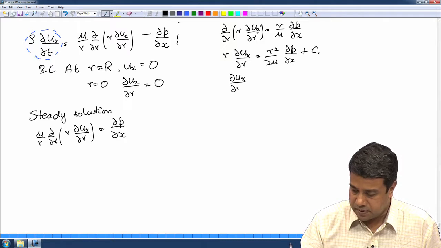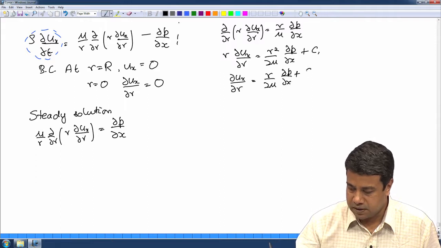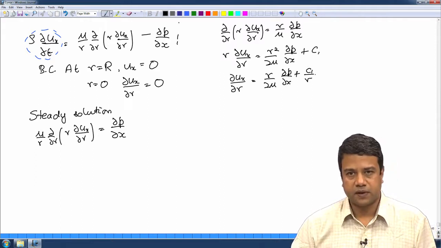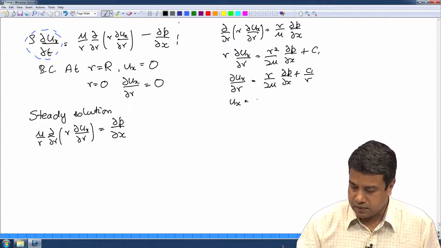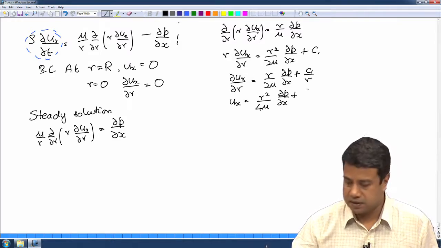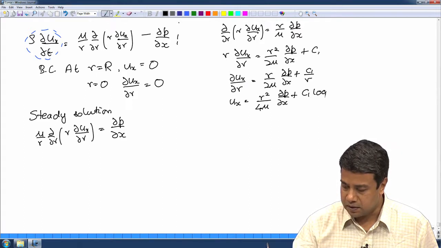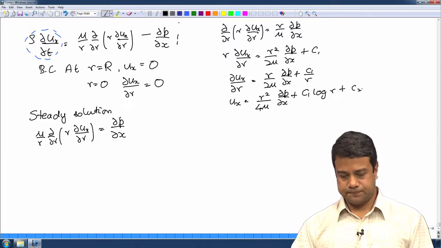Simplify: partial ux by partial r is equal to r by 2 mu partial p by partial x plus C1 by r, and integrate it once more and you will get ux is equal to r square by 4 mu partial p by partial x plus C1 log r plus C2.